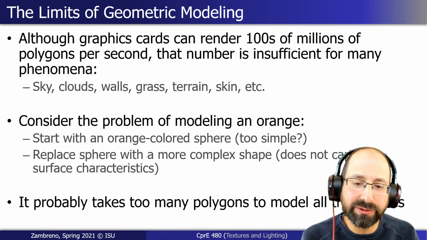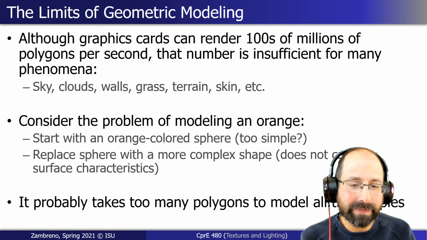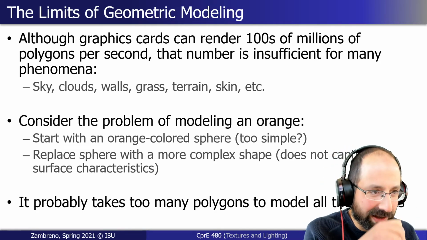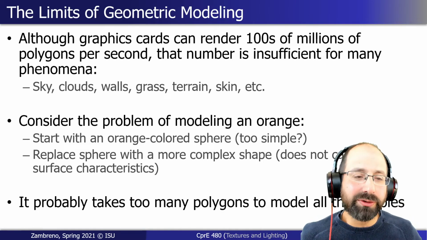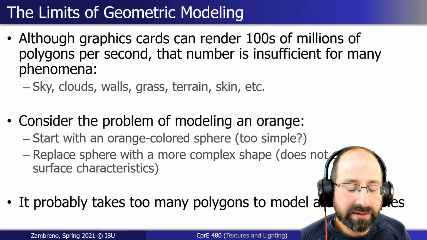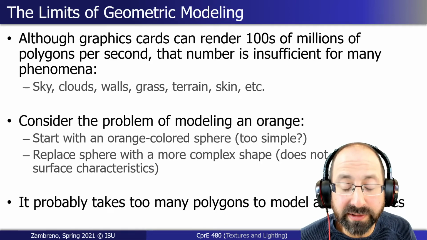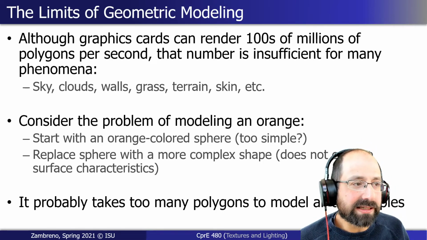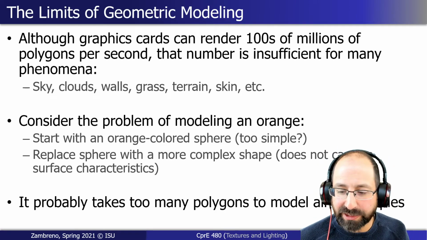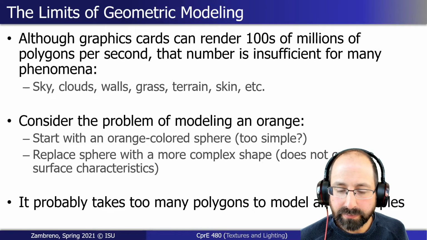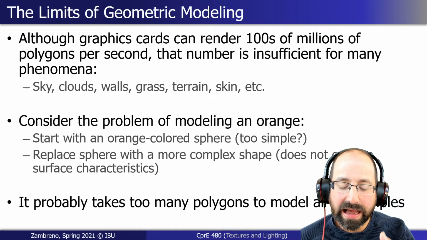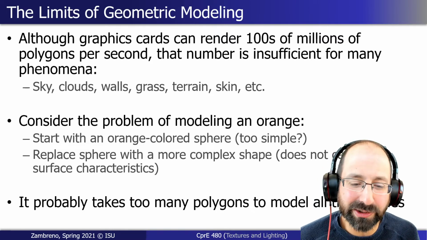If I asked you to model, how about just an orange? We had Happy Fun Ball, which is probably still okay using this model. But if we actually wanted to model an orange using this lighting model, we certainly couldn't start with this. We could start with a sphere, but an orange is not an orange colored sphere. It's of roughly that shape, but it has a lot more subtle detail associated with it.